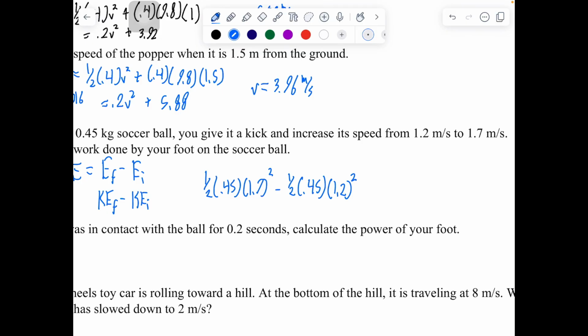Plug in, and we can find out our answers. 1.7 times 1.7 times 0.45 divided by 2, 0.65. 1.2 times 1.2 times 0.45, cut in half. The work is 0.326 joules.